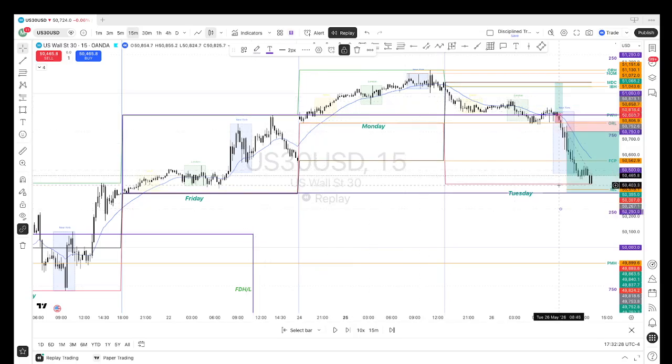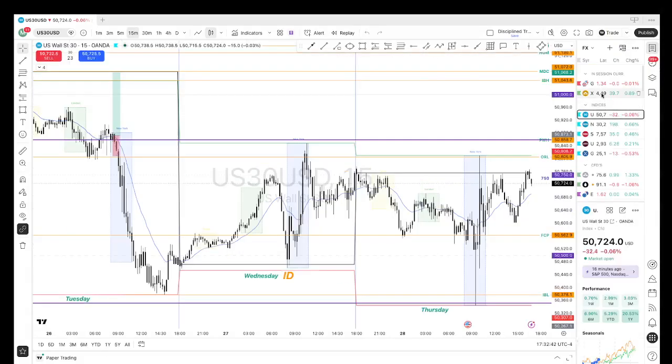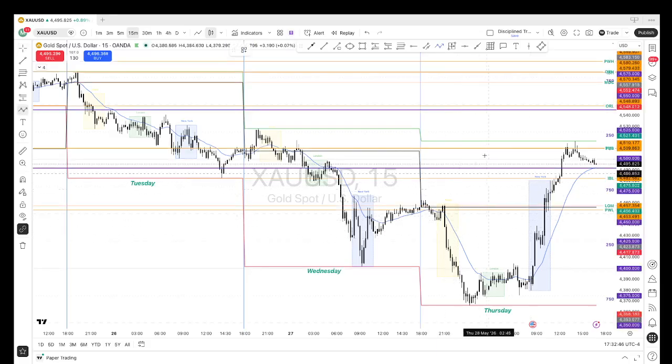Pump, coil, dump. Same thing for the reverse. Dump, coil, pump. For a 3-day setup, or it could be a 3-session setup, as we saw with NASDAQ, Gold, and SP today. We had our high.